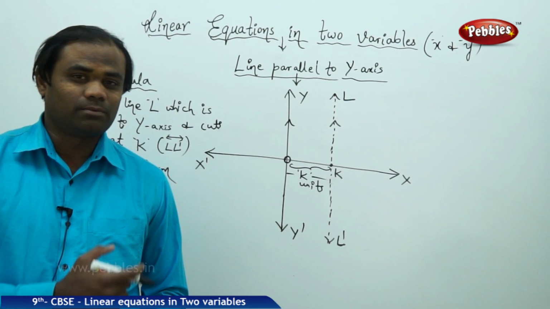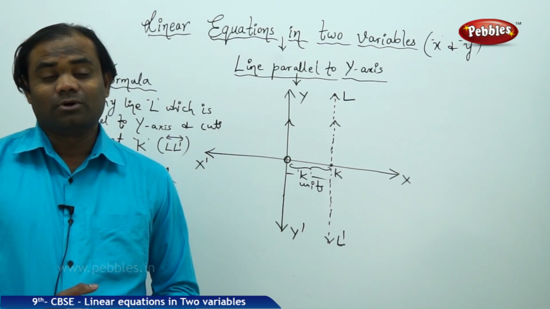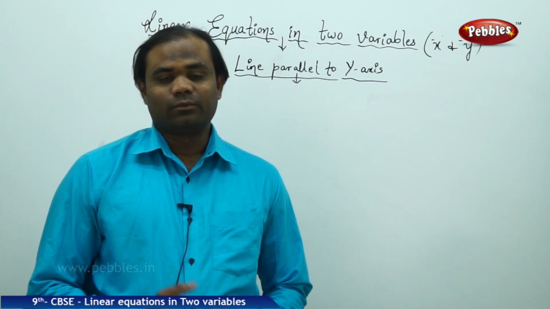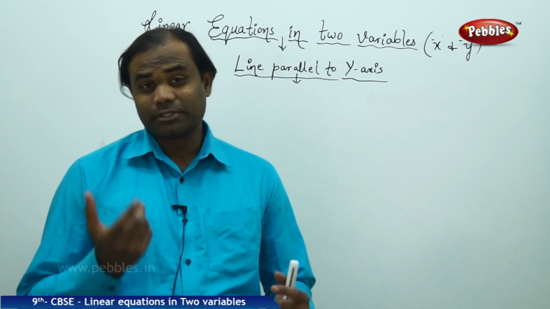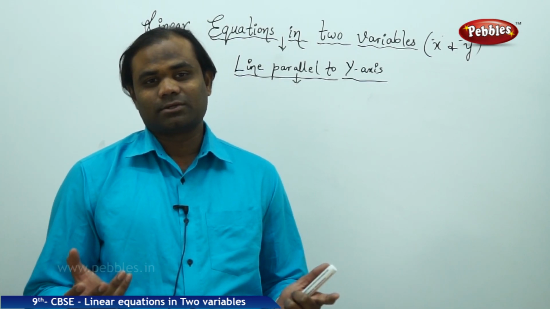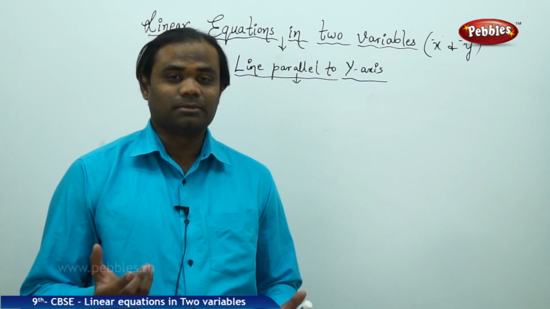Let's see an example problem to understand the concept more strongly. Let's take an example problem in which I need to find the equation of the line parallel to y-axis, the special case of linear equations in two variables x and y.